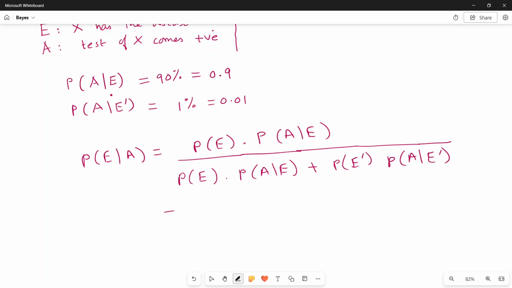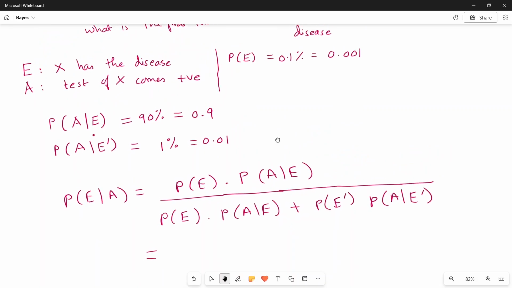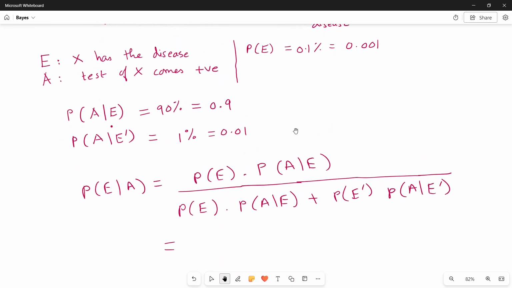So substituting all the values, if the probability of E is this, the probability of E complement will be 1 minus this, which is 0.999. Accordingly, if you substitute all the values, this will come out to be 0.083.